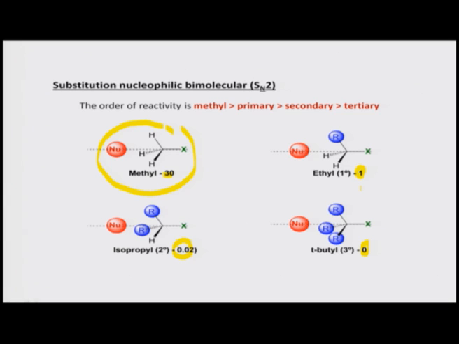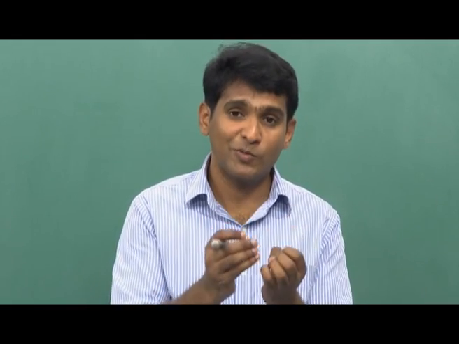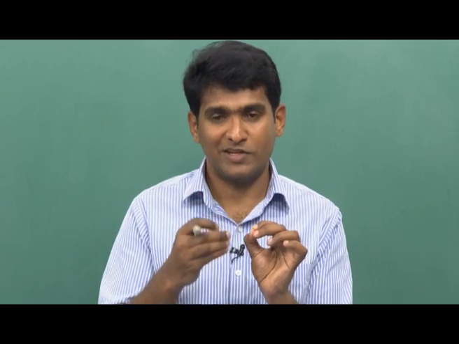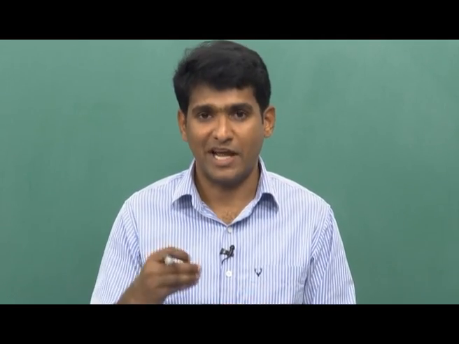So this tells you that the rate of these reactions depends largely on the bulkiness of the groups around a carbon atom. The less substituted a carbon atom is, the faster the rate of an SN2 reaction, and as we keep on adding substitutions, the reaction becomes slower.